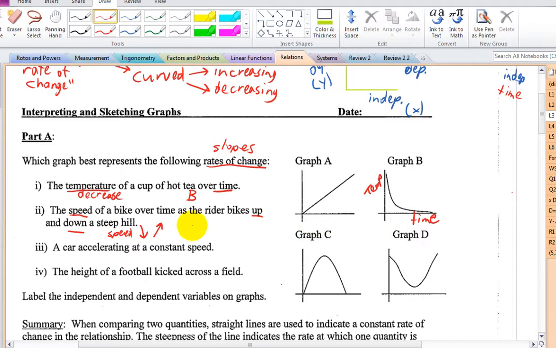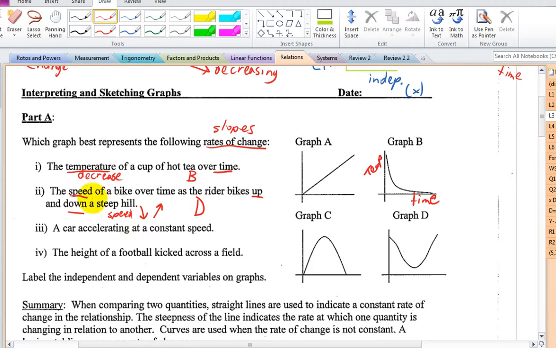Okay, so graph D. So we're doing speed over time. Where does speed go? Where does time go? Does speed depend on time or time depend on speed? Speed depends on time.